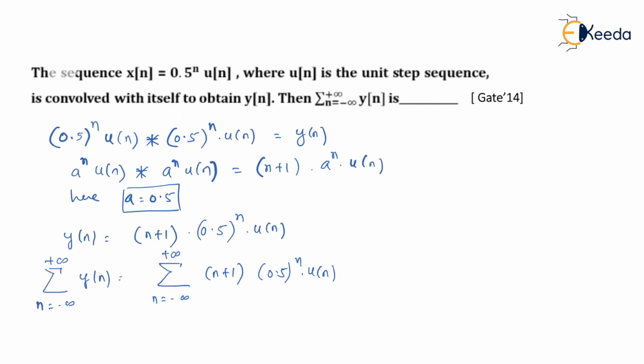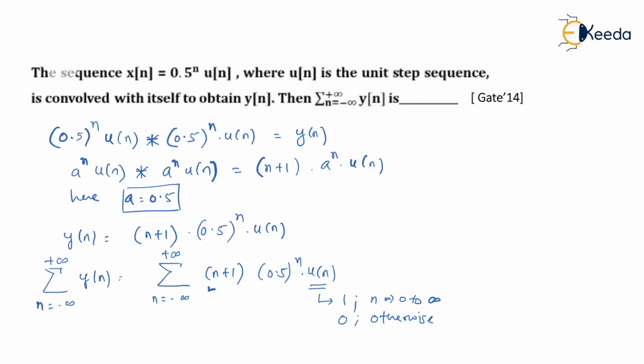But we know that when there is a presence of u of n, it is always going to change the limit, because u of n is always 1 from n equal to 0 to infinity, and it is 0 otherwise. So for all negative values of n, this summation will result in 0. So I can modify it like this.